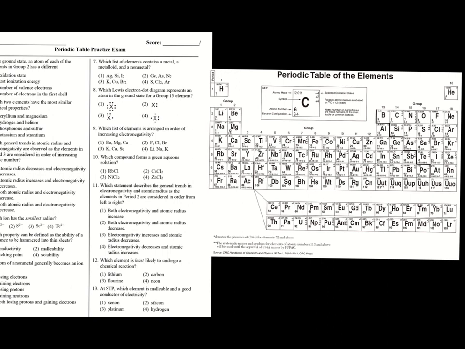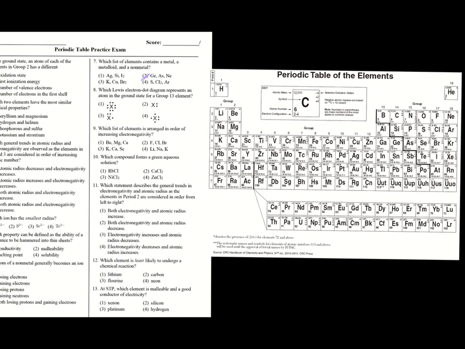Choice 1, Ag is a metal. That's the metal in the list. Choice 2 does not have any metals, so we can cross off choice 2, because germanium and, oh, that's not astatine, that's arsenic. As is arsenic. And neon is a non-metal. Germanium and arsenic are metalloids, so that doesn't have a metal at all.